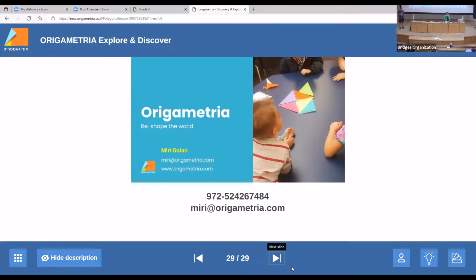So the question is about other topics beyond origami, other topics beyond strictly geometry. Yeah, we started to make a session with fractions, preparing the students for fractions. The problem with fractions is that the teacher wants to do a quiz with the students before they understand what a half is, what 3/4 is.